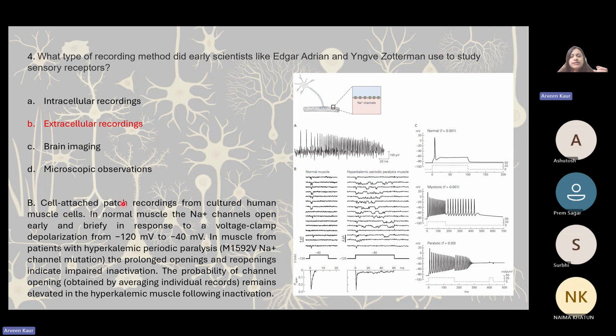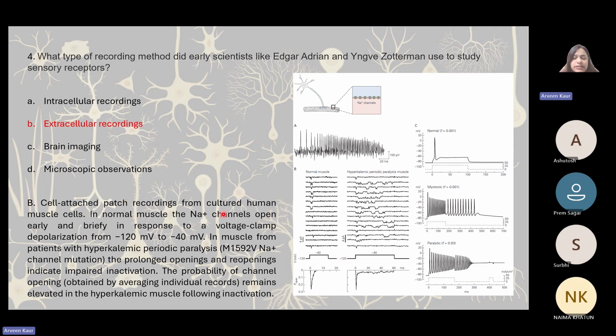The human muscle cells were isolated from maybe a muscle biopsy or cadaver muscle, which is relatively fresh, and these cells were cultured for a while, and then the cell patch recordings were done. That is basically single cell recording of these cells.